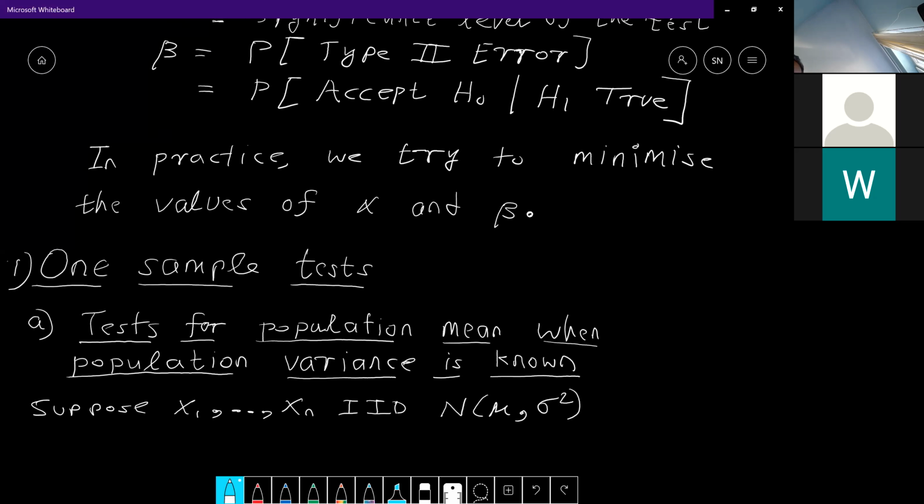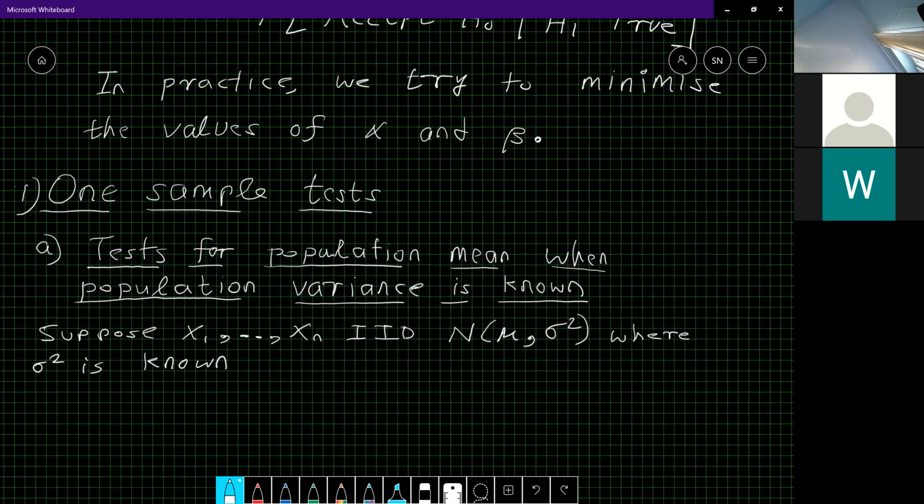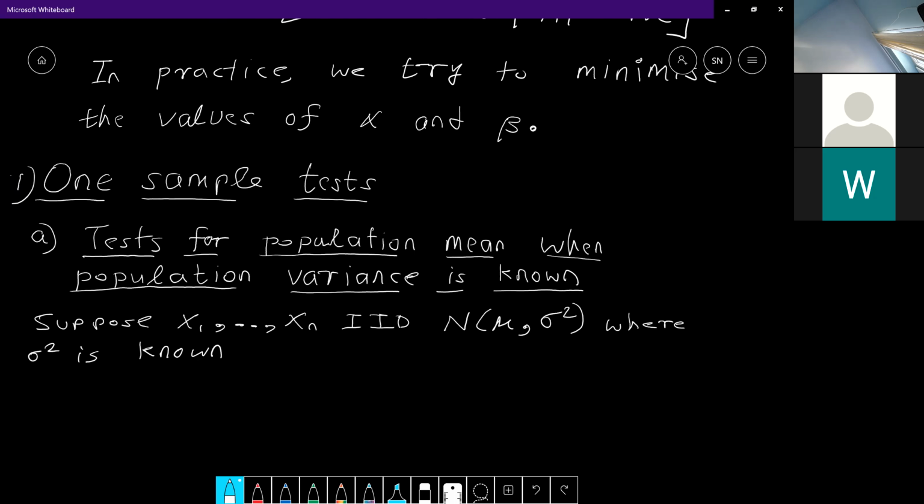I'm going to assume that sigma squared, which is the population variance, is known. So the question is how to do the testing for mu. Remember, mu is the population mean, sigma squared is the population variance. So I will show you now how to do the testing.